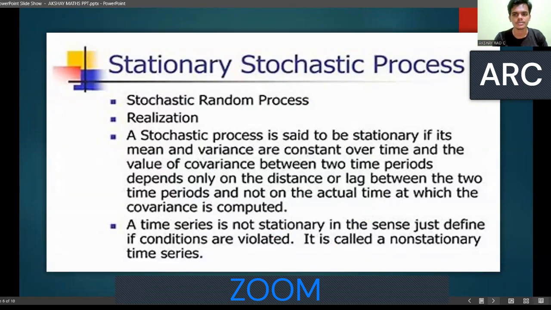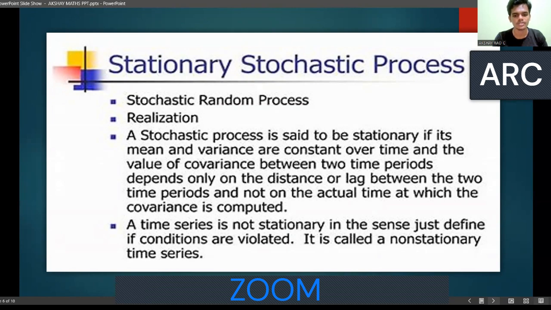Stationary stochastic process. It is a random process and it is also a realization. A stochastic process is said to be stationary if its mean and variance are constant over time, and the value of the covariance between two time periods depends only on the distance or lag between the two time periods and not on the actual time at which the covariance is computed.